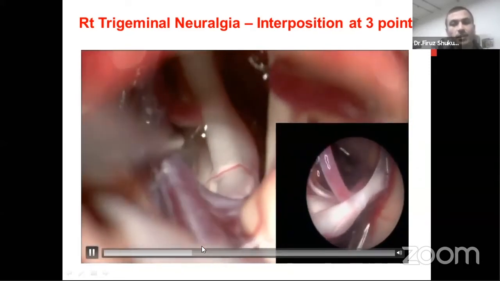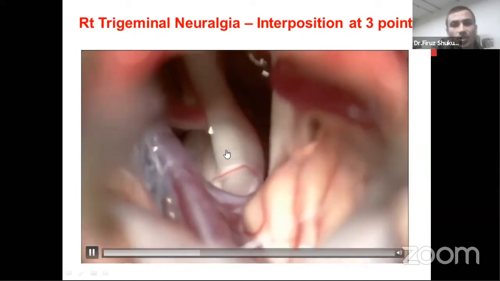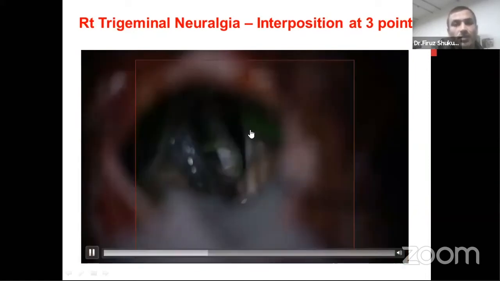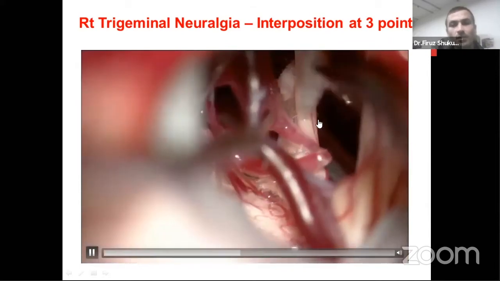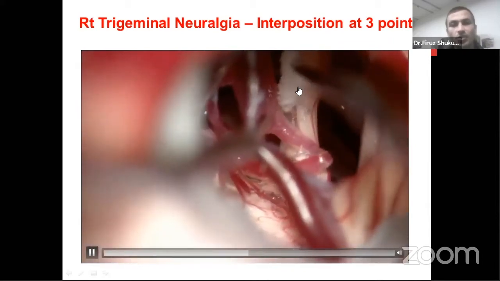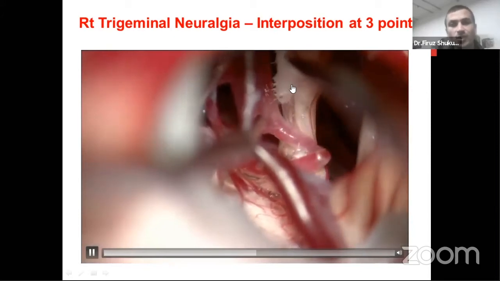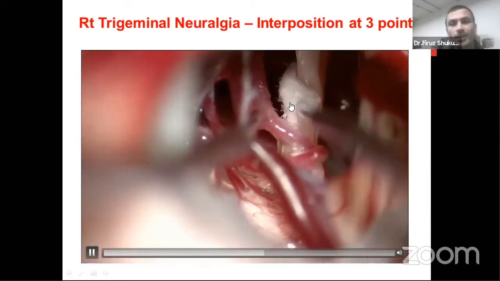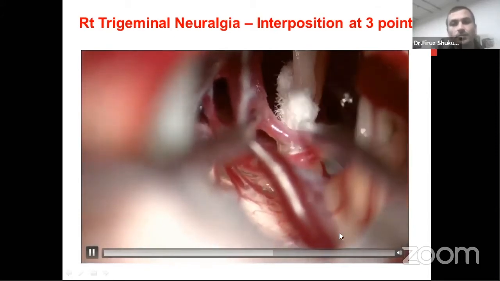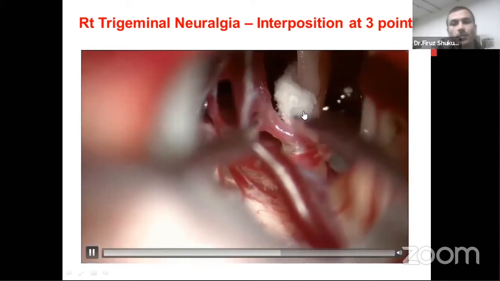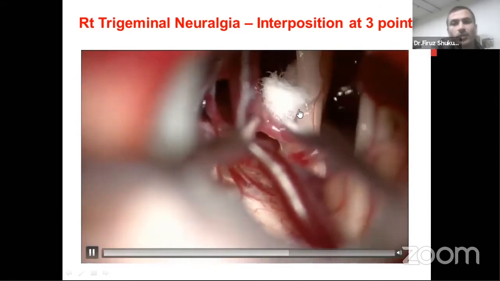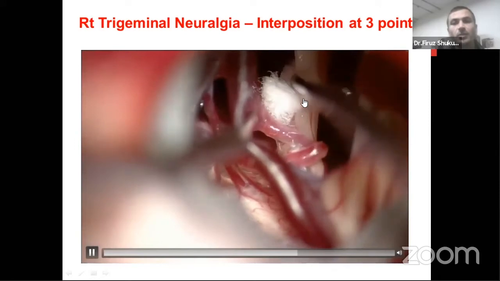In this case, you can see the interposition with Teflon was done in 3 positions, at the places of compression and neurovascular conflict, putting the Teflon between the offending artery and the trigeminal nerve.